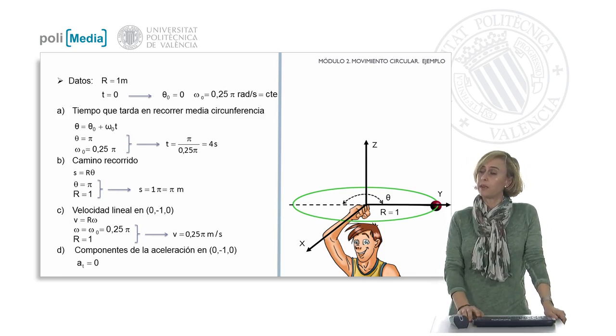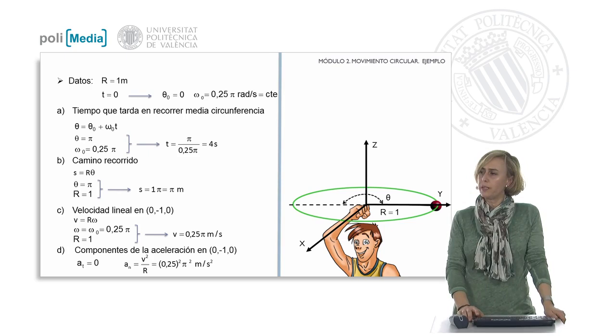The tangential acceleration is 0, and the normal acceleration will be calculated from the expression a sub n equals v squared divided by r. It remains only to represent the acceleration vector. It has only normal component, and the sense is towards the inside of the circle and the direction perpendicular to the tangent at the point.